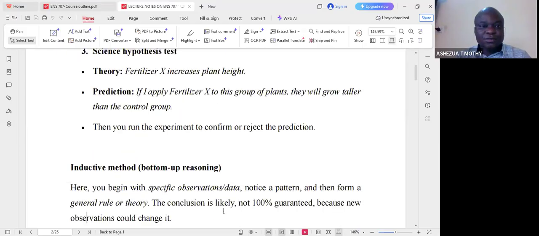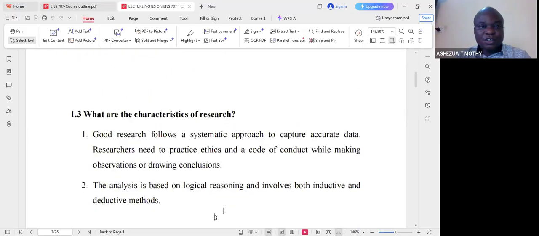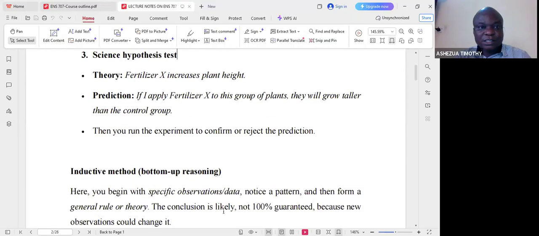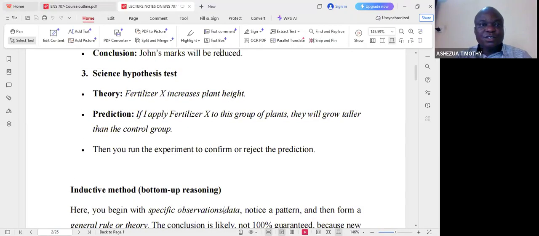Now, you can equally look at another scenario, a science hypothesis. The theory here is fertilizer X. It could be NPK, it could be 15-15-30, it could be any other type of fertilizer. So fertilizer X increases plant height.